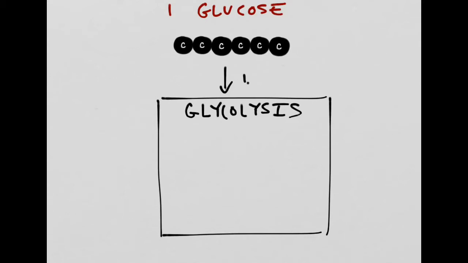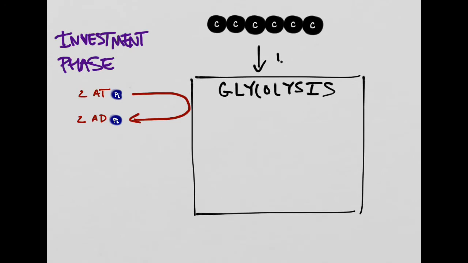So this is called the investment phase, and we are going to put in 2 ATP. So here we go, we're going to invest 2 ATP and get out 2 ADP. And then we're also going to invest some inorganic phosphate as well, so just some plain Pi.